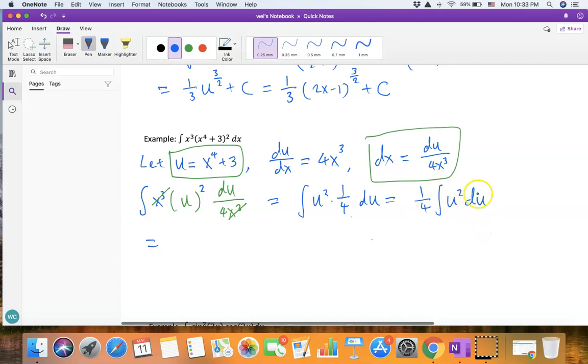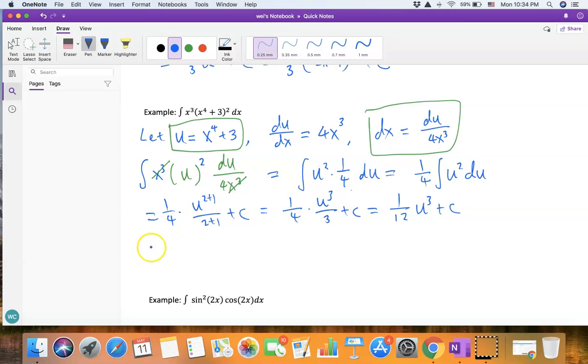And the antiderivative of this function is u to the power of 2 plus 1 over 2 plus 1. So we have 1 over 12 times u to the third plus the constant. And since u equals x to the fourth plus 3, this is 1 over 12 times x to the fourth plus 3, to the power of 3.